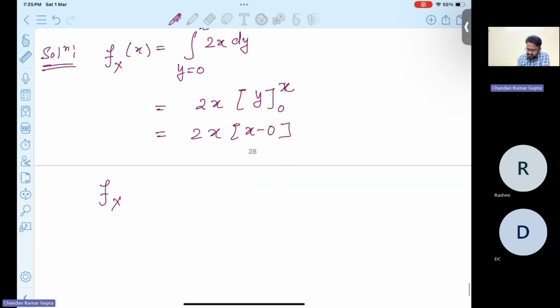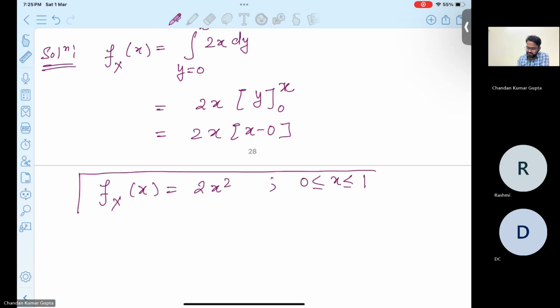So the marginal of x is 2x squared, for x lying between 0 and 1. So we can calculate the marginal of x.